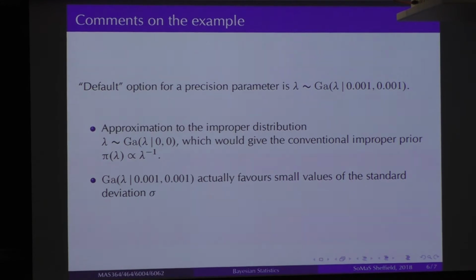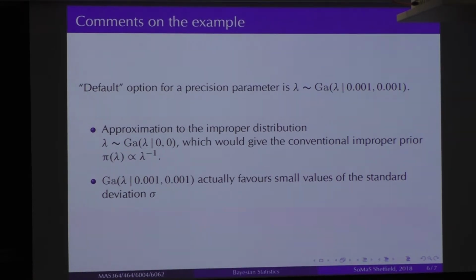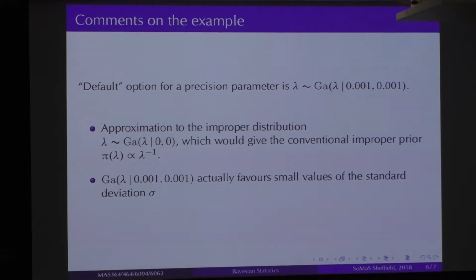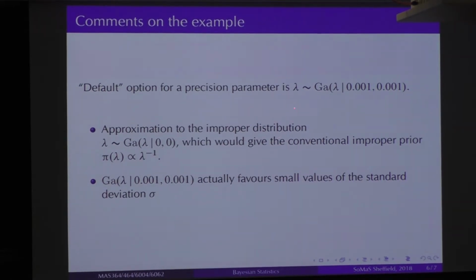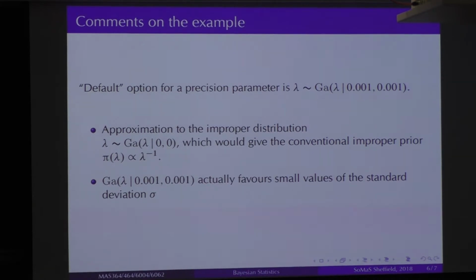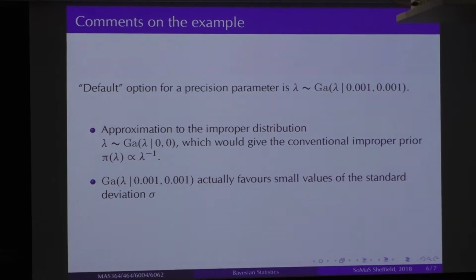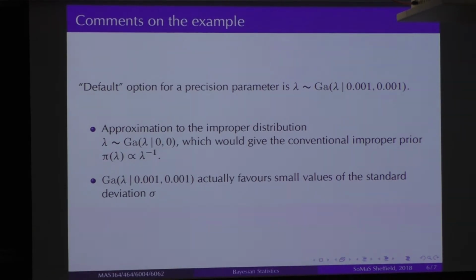So these prior settings mimic very large variability, okay? But if you plot this distribution, it has a mode at 0, and most of its mass is very, very close to 0, okay?